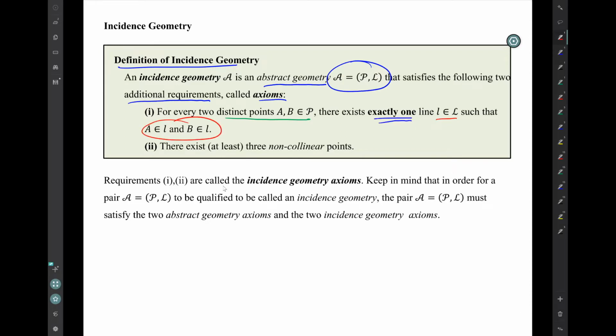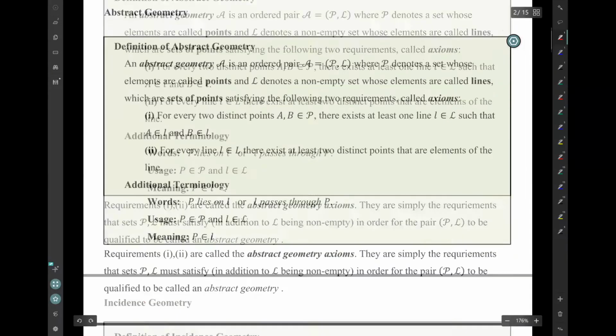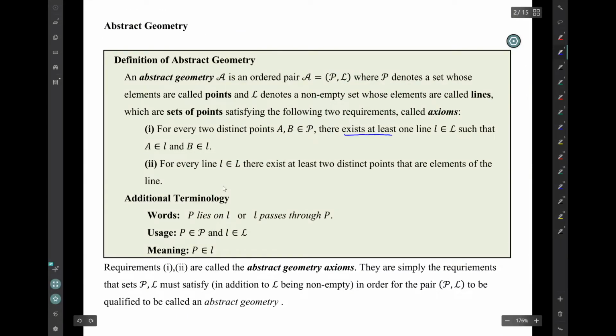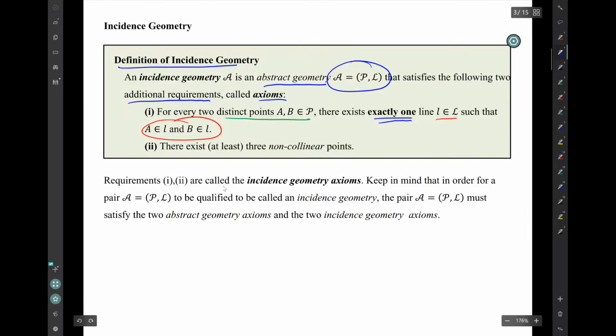Remember, in the definition of abstract geometry, there had to exist at least one line that both points lie on. So in incidence geometry, the requirement is more stringent. There has to exist exactly one line. That's incidence geometry axiom number 1.